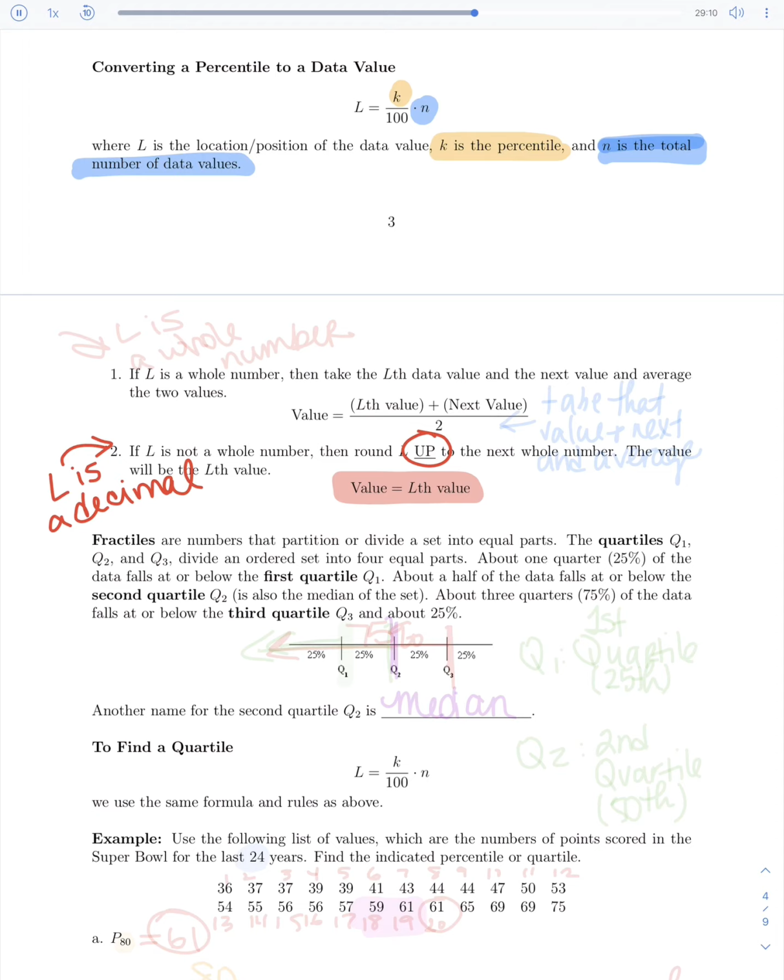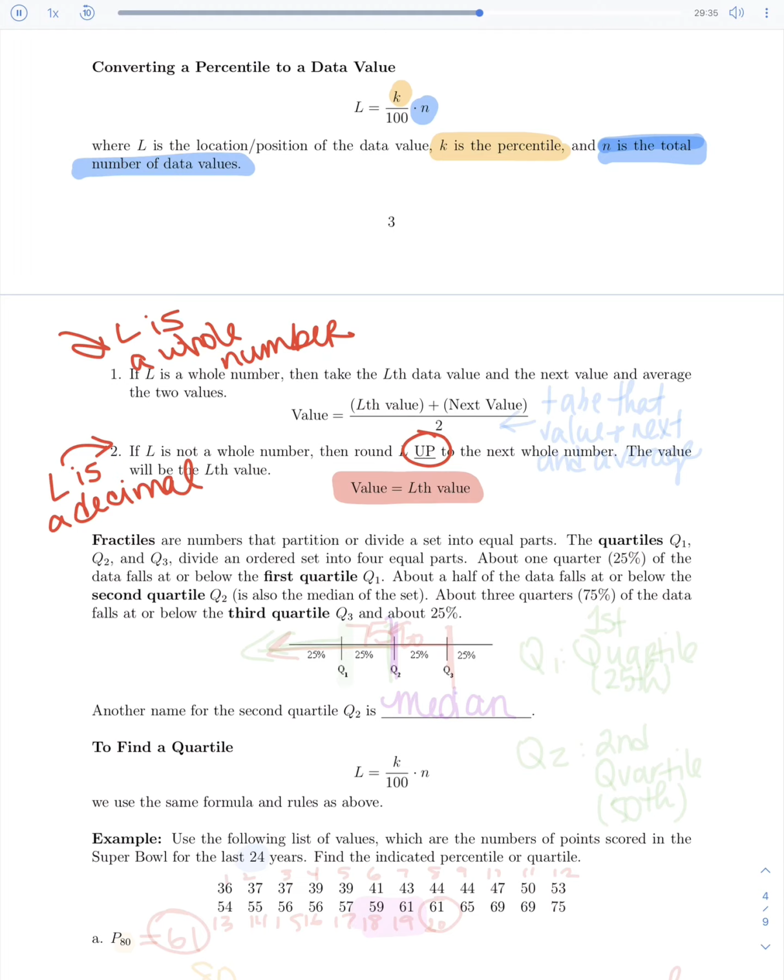What gets more complicated is actually if L is a nice whole number. You would think that would be easier, but it's not. It's not hard, it's just a little bit more complicated. If L is a nice whole number with no decimal, then we'll take that data value and the next one, add them up and divide by 2, which means we'll average them.